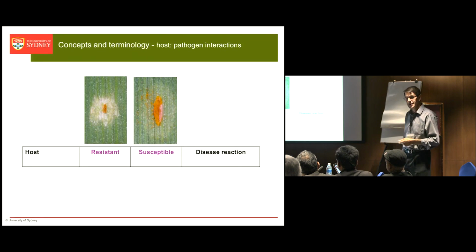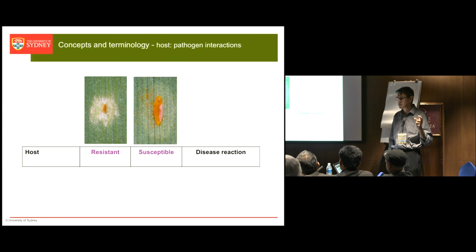But that is if you're a plant breeder. That's fine. We'd say resistance and susceptibility. They are the alternate allelic states, if you like, of a trait we call disease reaction. And that's very much a breeder's perspective. But I'm a plant pathologist. I like the pathogen. So what would I call them?